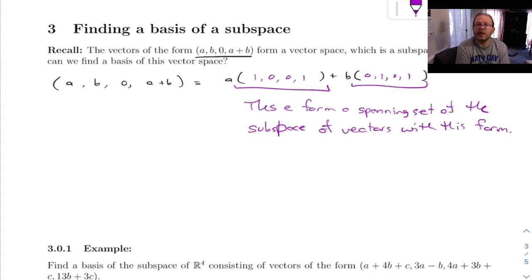So it's a spanning set. All we need to do now is ensure that it's linearly independent. And in this case it is, because it's easy since we've only got two vectors. If you have two vectors, either they're multiples of each other or they're linearly independent. And these are not multiples. So what we can say is these are linearly independent.